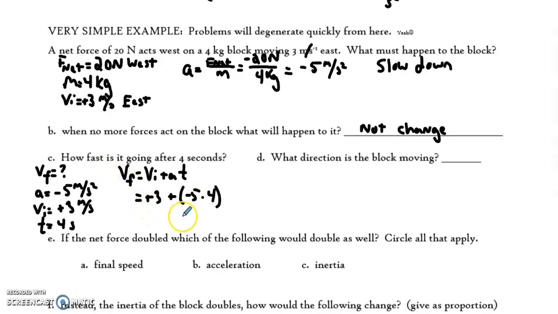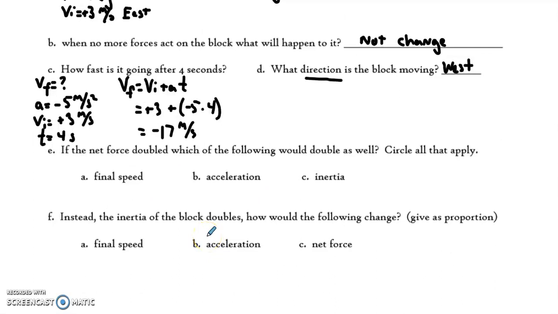So +3 minus 20, we get -17 meters per second. And you ask yourself, well, what direction is it moving? It was originally moving east, which we denoted with a positive, so now that it's negative, it is moving in the western direction. Meaning that this block not only slowed down and stopped, but it actually starts speeding up in the opposite direction.